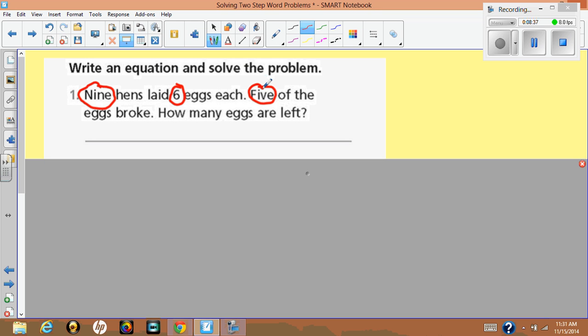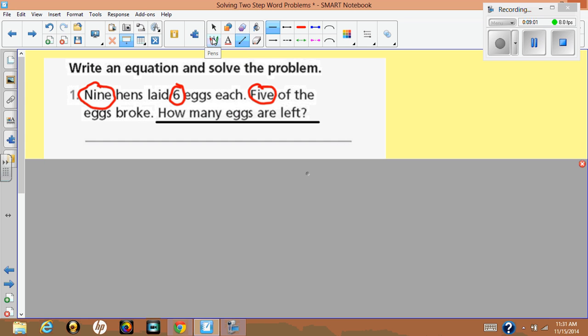Okay, looks to me like we have all of our numbers, even if we had to dig them out of word form. Now we take step 2, which is to underline our question. Our question in this case is, how many eggs are left?